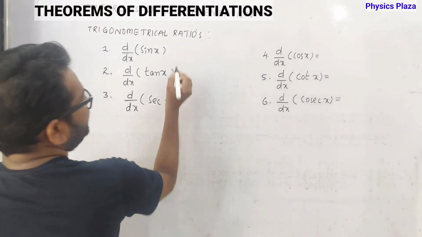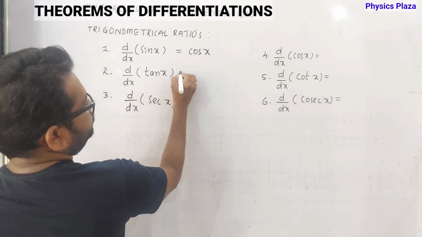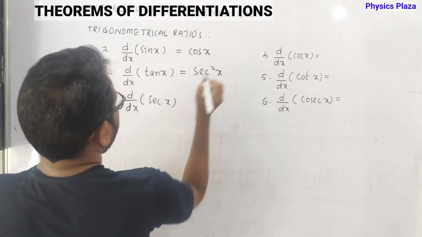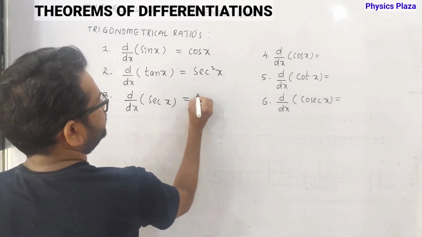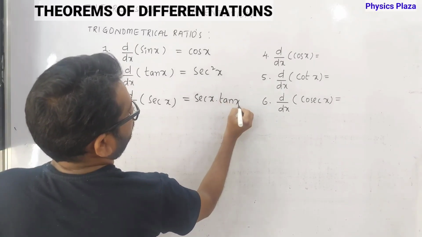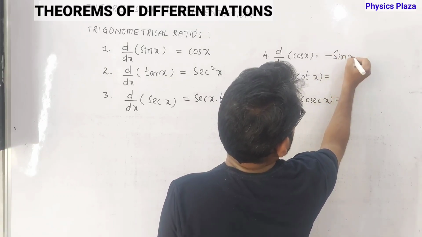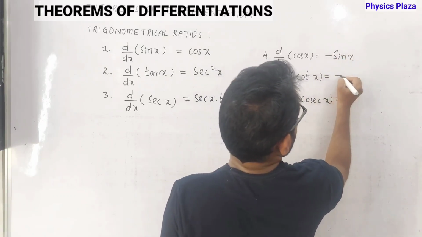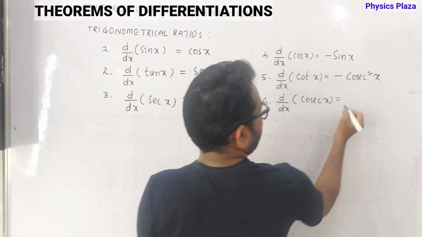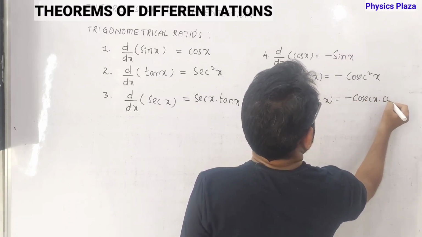So d by dx of sin x is cos x, d by dx of tan x is secant square x, and d by dx of sec x is secant x into tan x. Now come here children, d by dx of cos x is minus sin x, d by dx of cot x is minus cosec square x, d by dx of cosec x is minus cosec x into cot x.